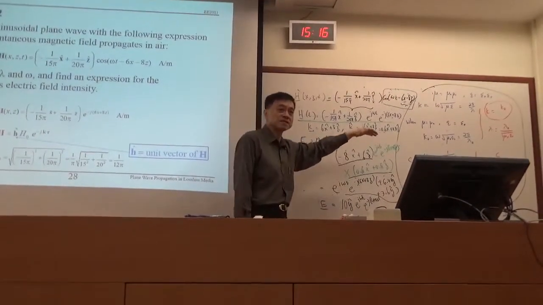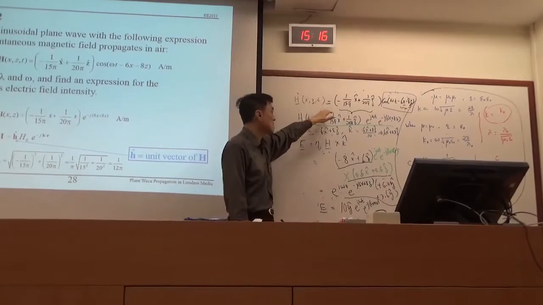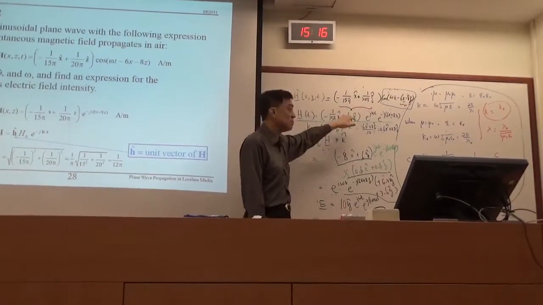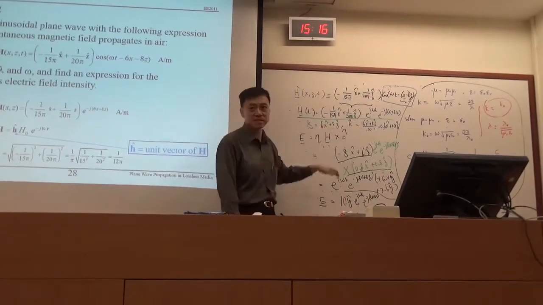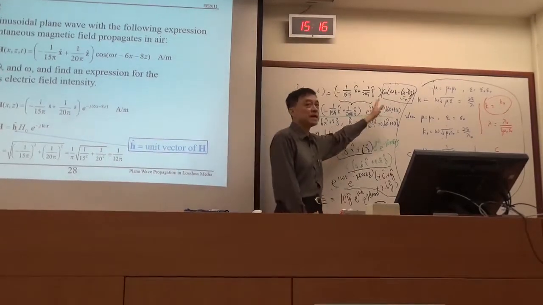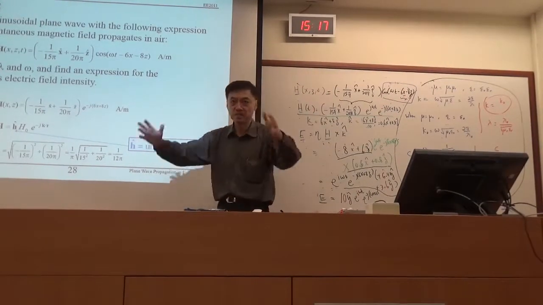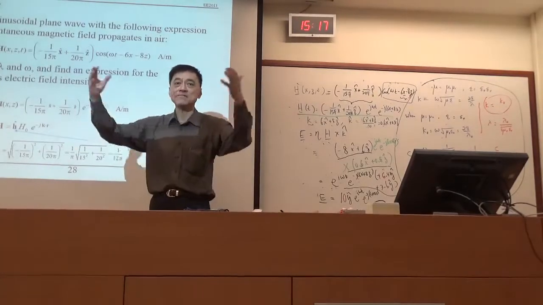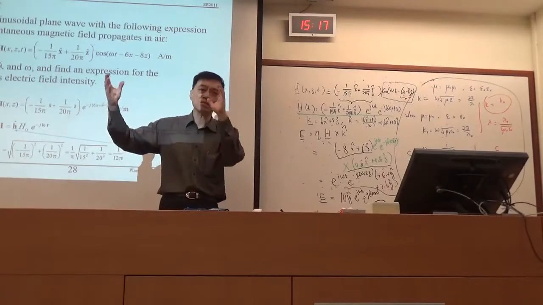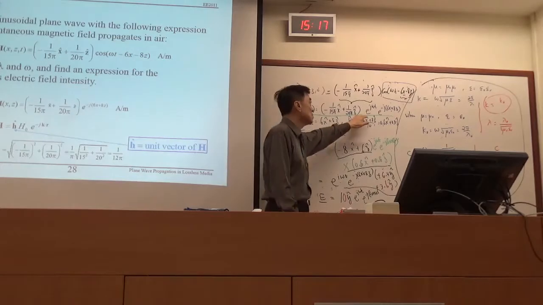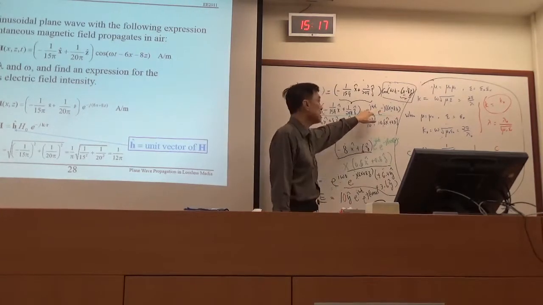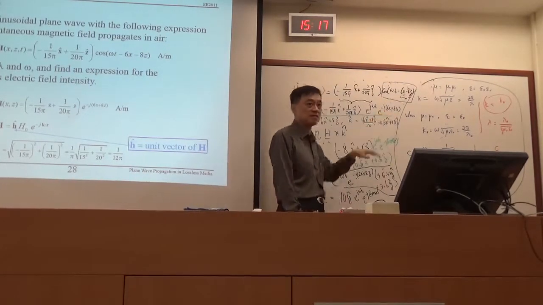To convert this instantaneous form to phasor form, the magnitude part is the same. The cosine part is the phase. So when you convert the cosine, you write it down as an exponential. We just copy everything down.